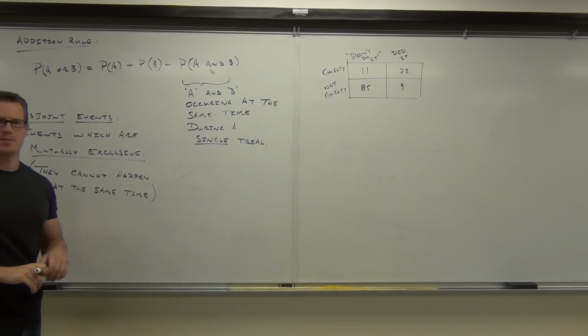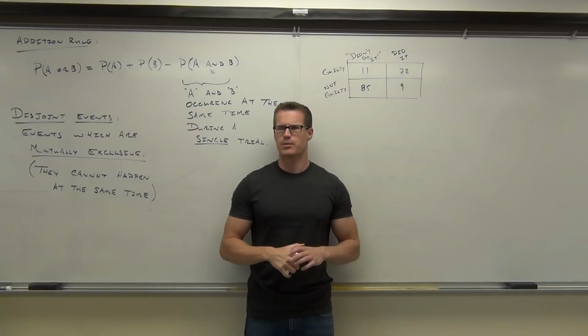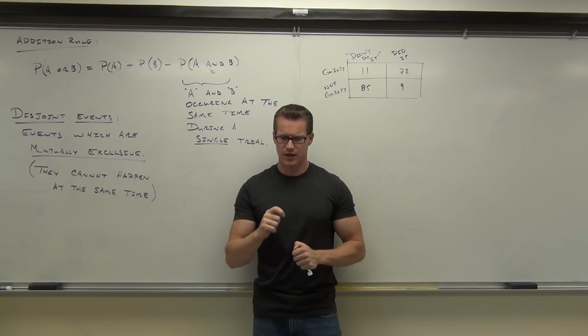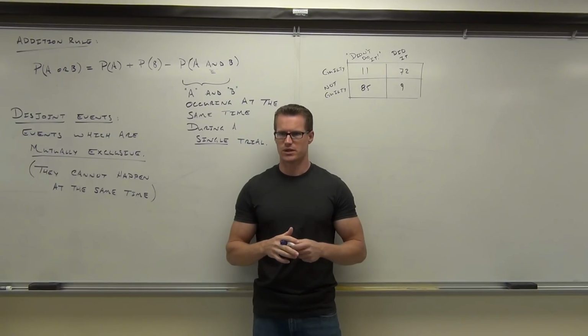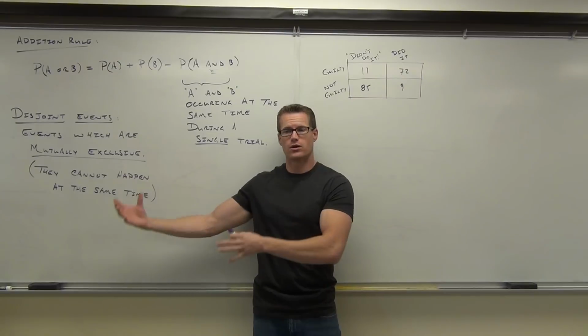That means during your single trial here. Let's see if you kind of get this. Let me give you a verbal example here. On one single roll of the dice, is rolling a 1 and a 5 mutually exclusive? Is rolling a 1 and a 5 disjoint? Okay. Can the 1 and the 5 happen at the same time? No. Then they are disjoint.